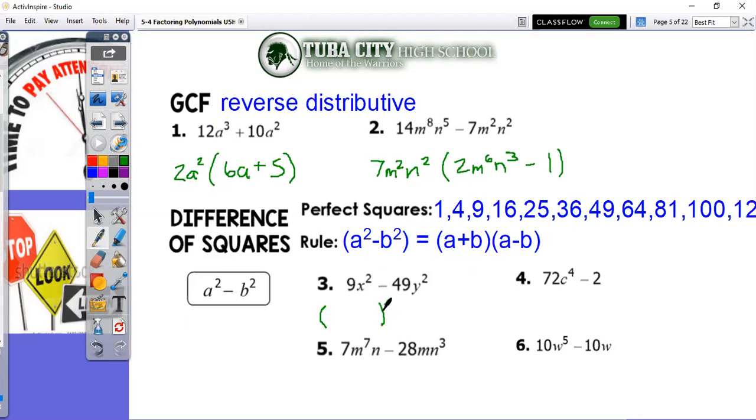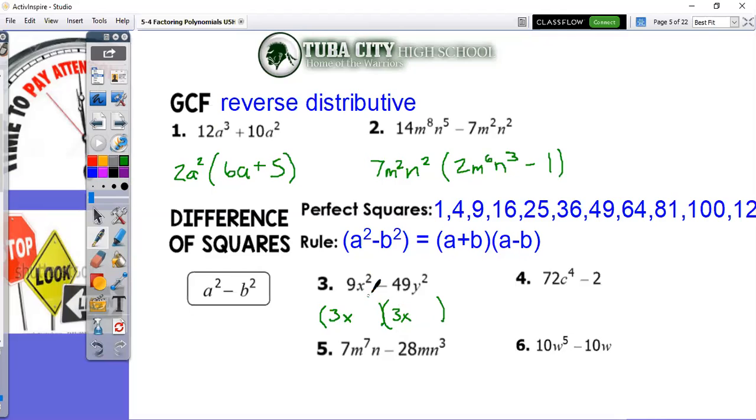Now we can start off by drawing our double bubble. And now we unsquare 9. So 9, we unsquare it, which means to take the square root of it, which is 3 and 3. 49, oh wait, hold on, I almost forgot the x. So x squared is also a square, x squared would be x times x.